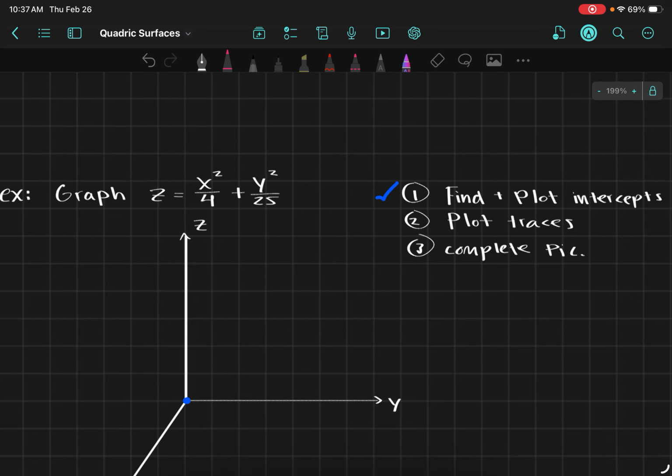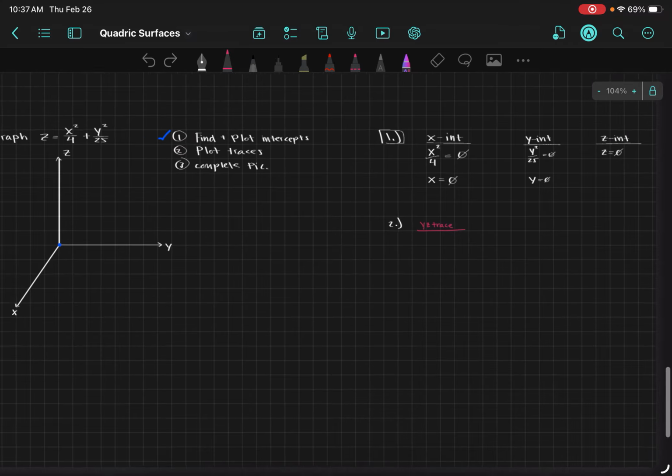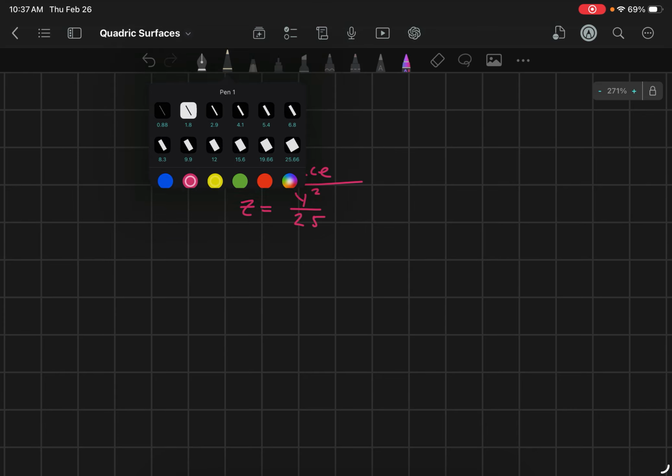The YZ trace is when we essentially set our other variable x equal to 0. So now we have y squared over 25 is equal to z. That is going to give us a parabola. So we have z is equal to y squared over 25. There is nothing more to mess with that.